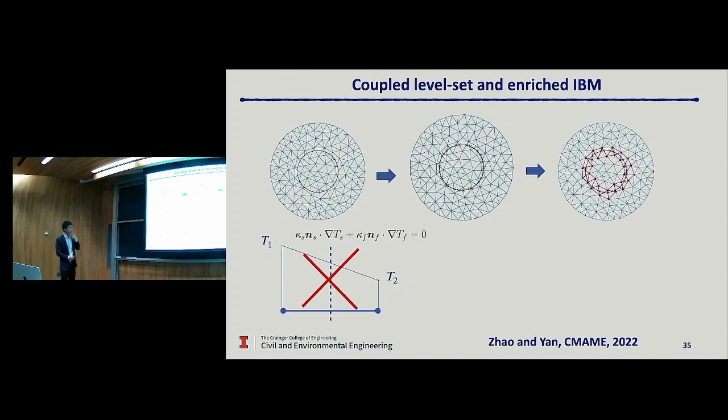So what we do here is this. After you get the triangulation, you immerse it into the background mesh, and you identify which elements are cut by your triangulation. For those cut cells, for each node of those cut cells, the number of DOF will be enriched by 1.